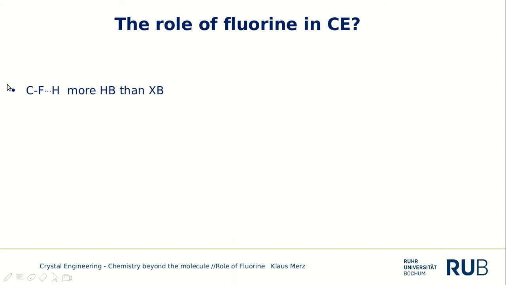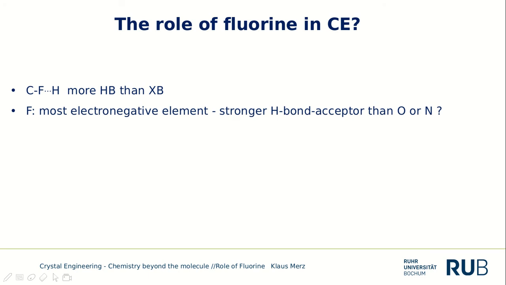So in general, if you look at a C-F...H intermolecular interaction, you will see such a unit as more a hydrogen bond than a halogen bond. And if you look in the periodic table, you know that fluorine is the most electronegative element.